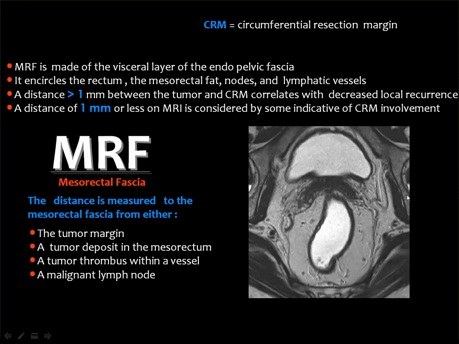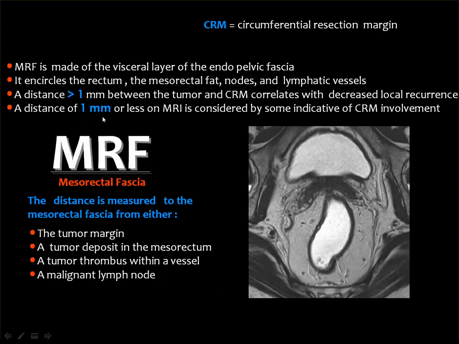Then if the distance is less than 1 millimeter, let us say the tumor is here, and this is the distance to the mesorectal fascia, this indicates the possibility of more recurrence compared to tumors that are away from the mesorectal fascia.